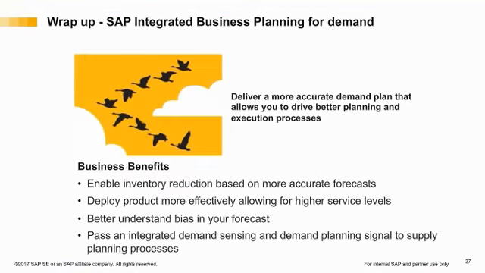So with SAP IBP for Demand, your customers can, one, take advantage of new capabilities in IBP without changing existing planning processes. They can improve short-term forecast accuracy and protect their business by sensing and reacting to short-term demand shifts.